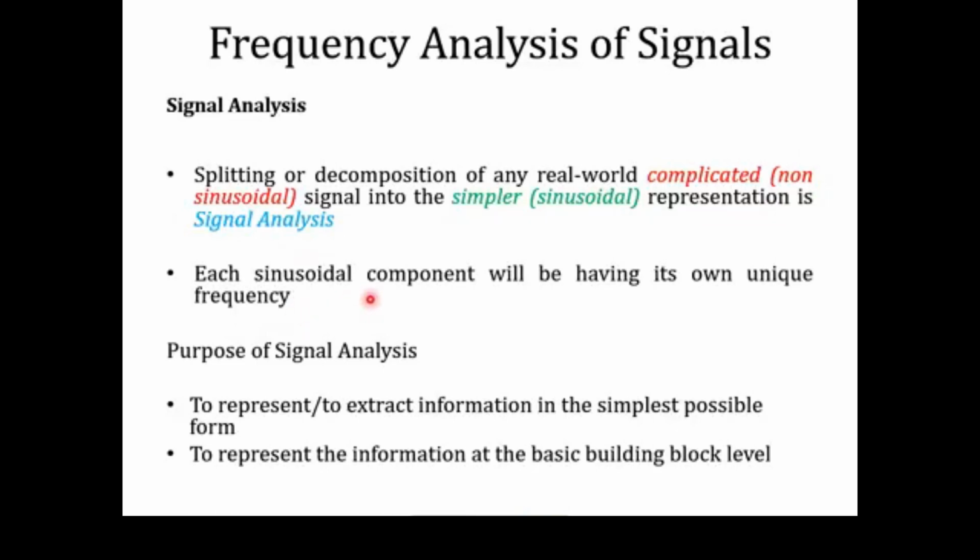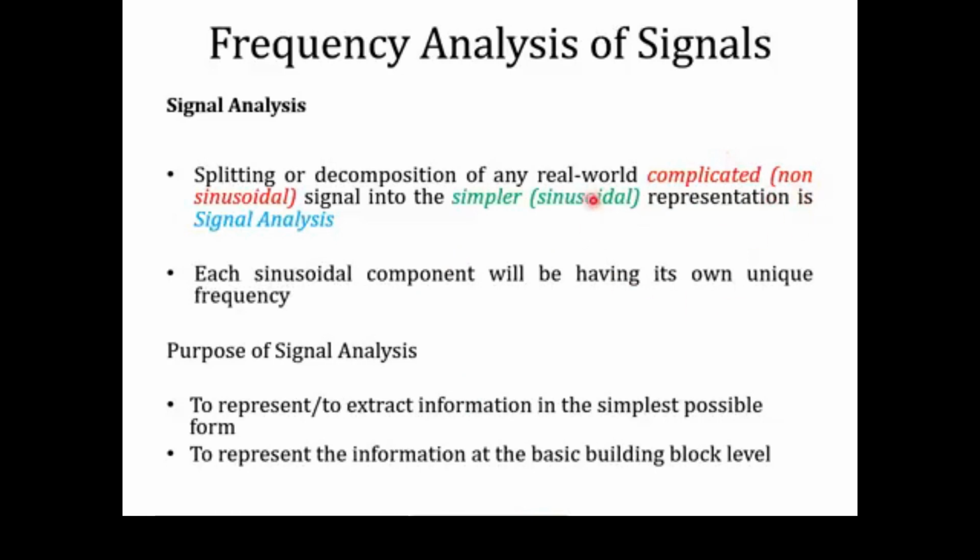So, what is the main objective or goal of performing signal analysis? We want to represent any real world signal information at the ingredient level or at the basic building block level. And while performing signal analysis, we have to find two things. What particular sinusoidal signals or what particular sinusoidal components are present in a given non-sinusoidal signal.